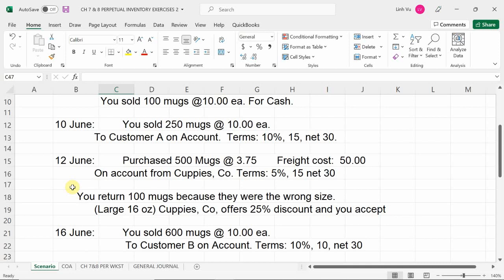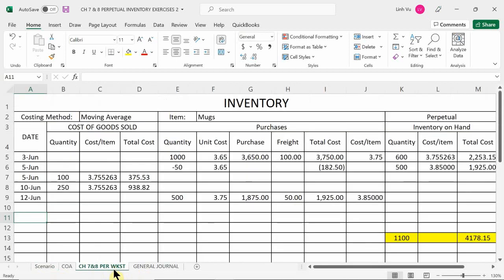So in this case, let's go ahead and calculate this. If 100 of those mugs are being discounted at 25%, right? Let's go ahead and figure this number out here. So we could do that. We could do it in our inventory worksheet, right?